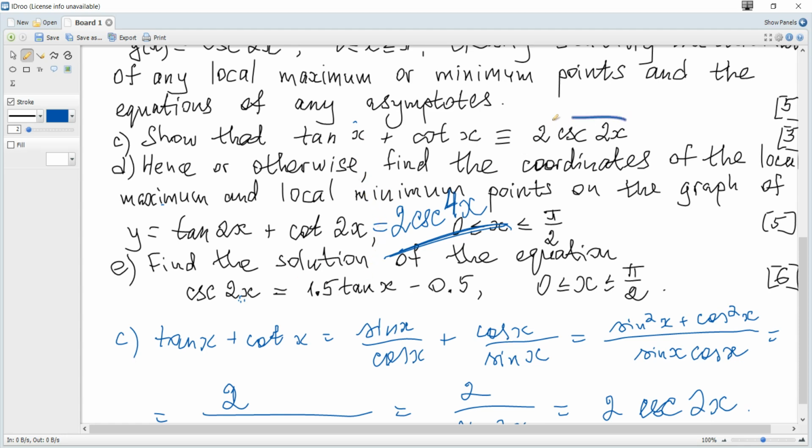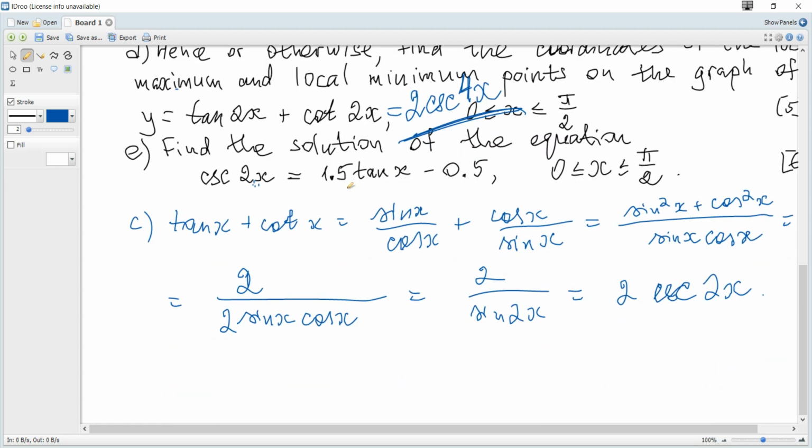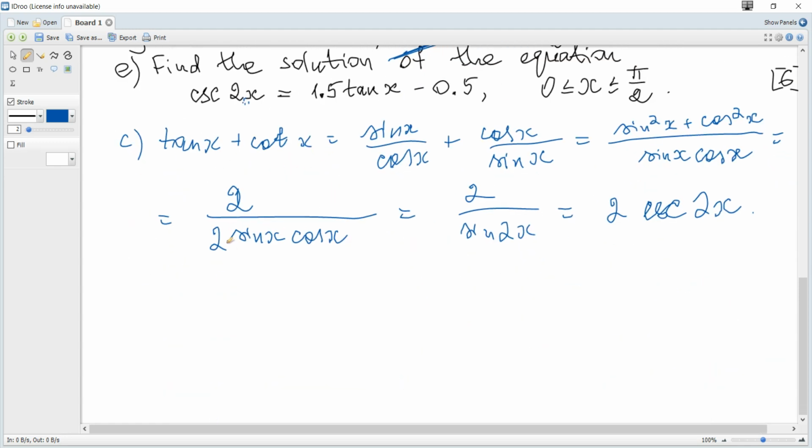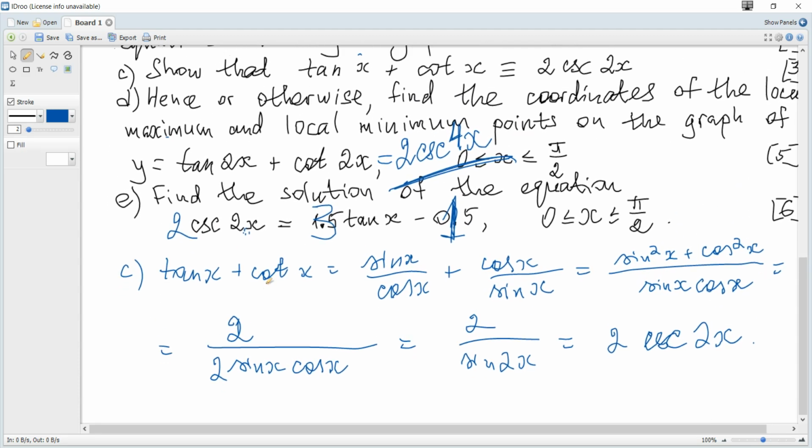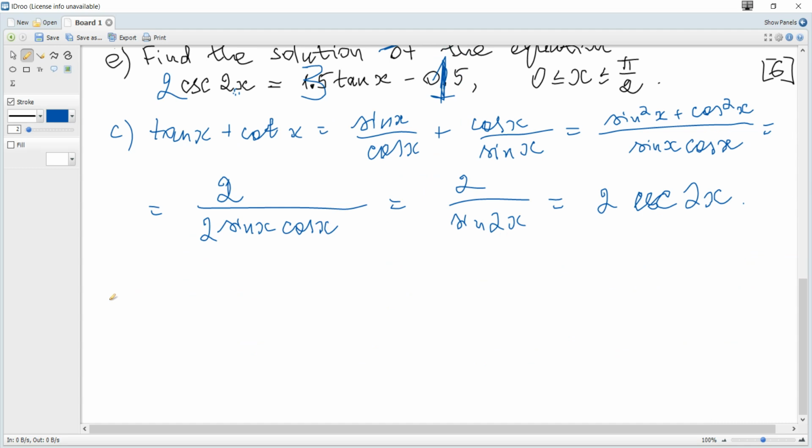But since this identity is for 2 cosecant, we can just multiply each term by 2, and 2 cosecant becomes tangent plus cotangent, and cotangent is 1 over tangent.